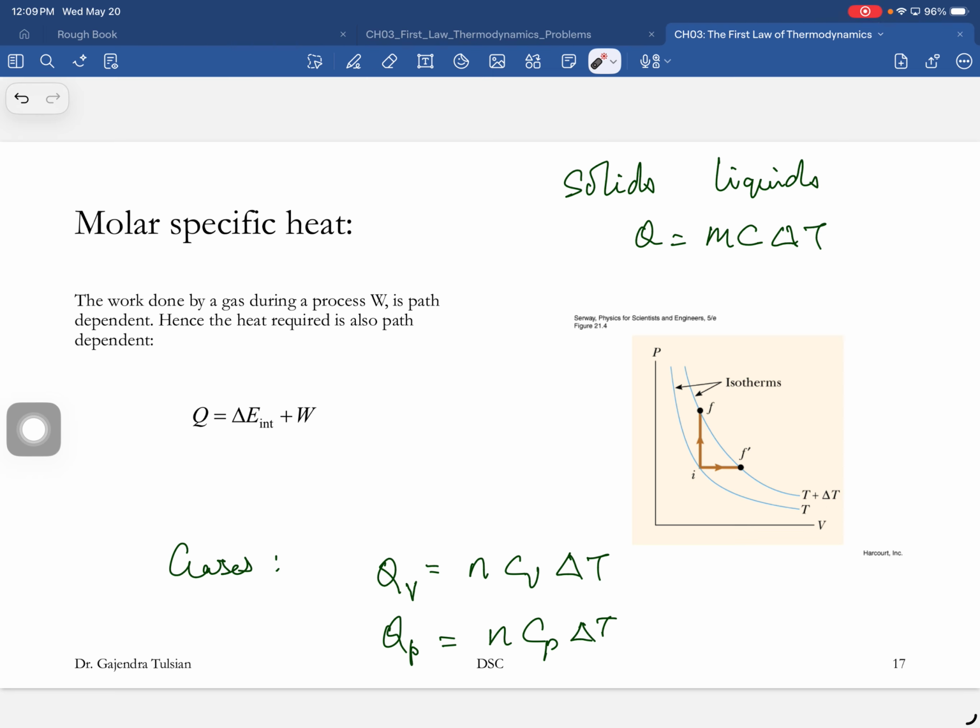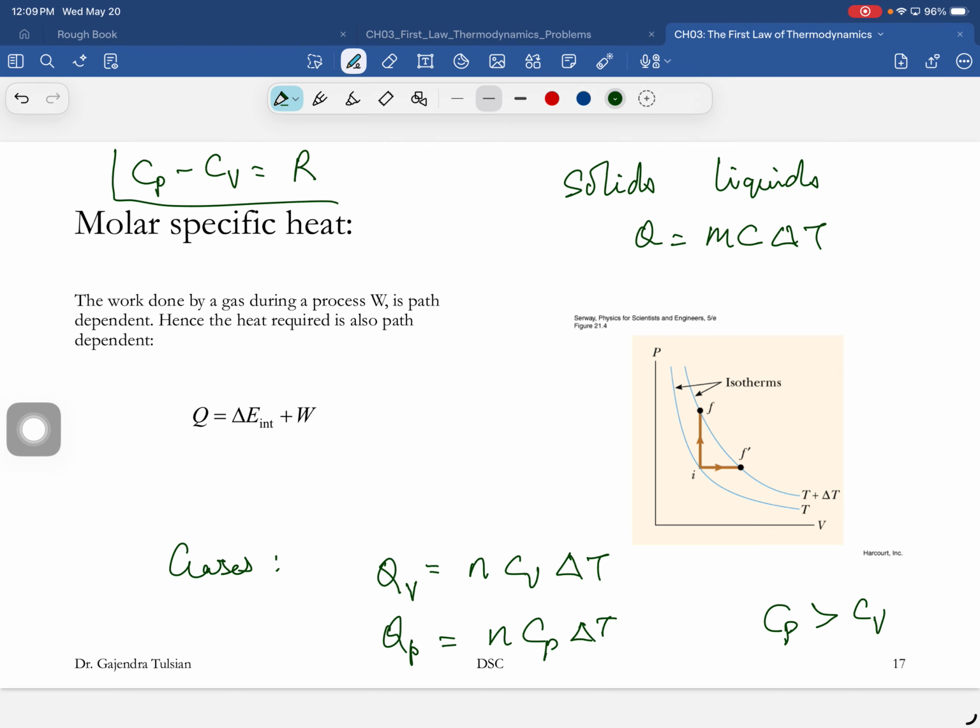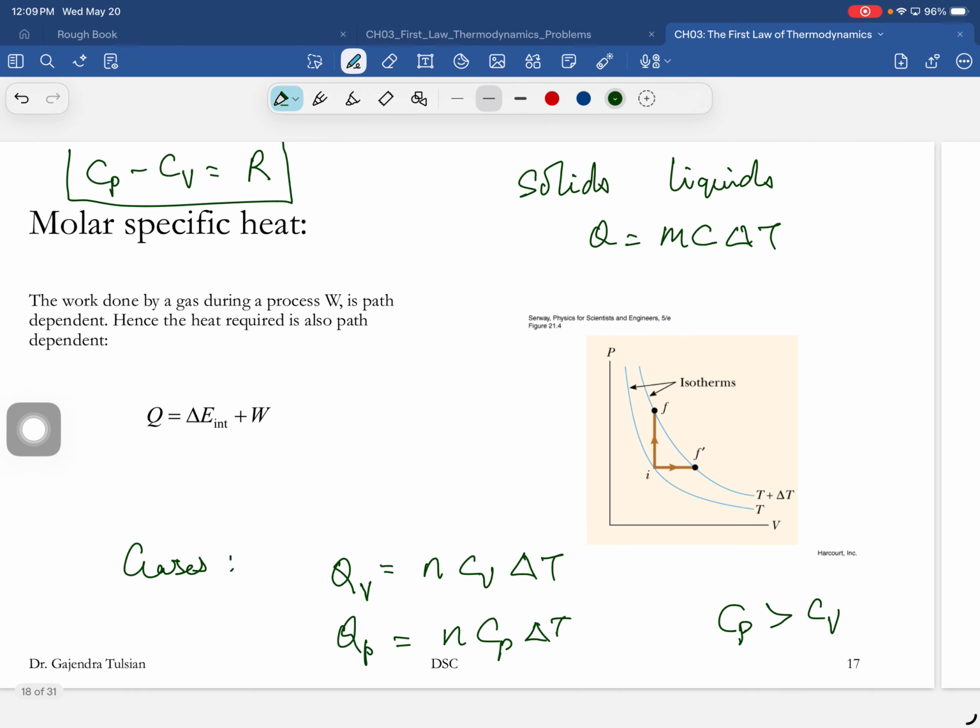Here are more complex gases, and gamma is less than that. So gamma tells you how complex the molecules, the particles of the system, are. By the way, as long as these gases behave ideally, and these are experimentally found values, Cp minus Cv is R for almost all of them.